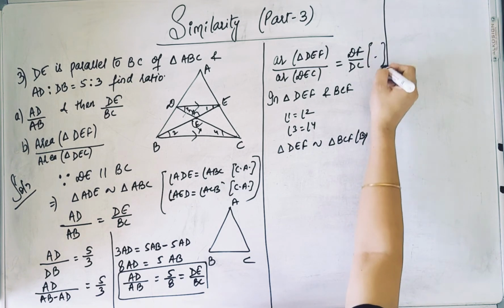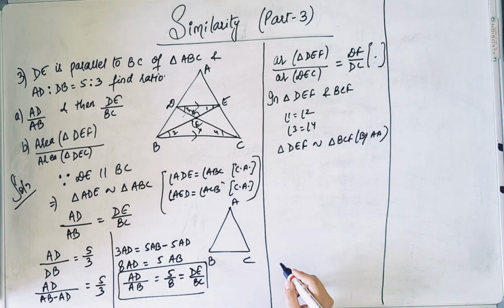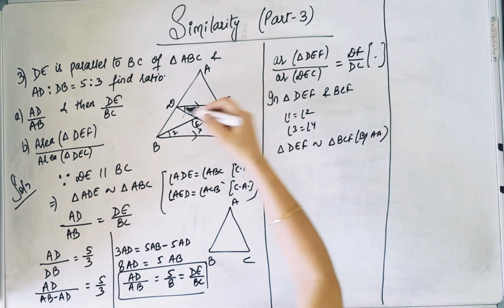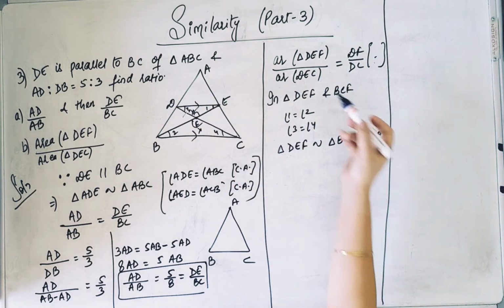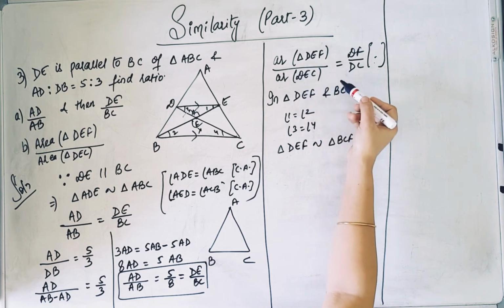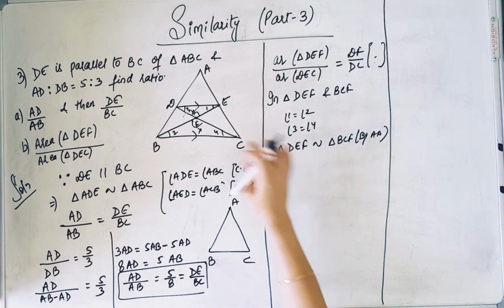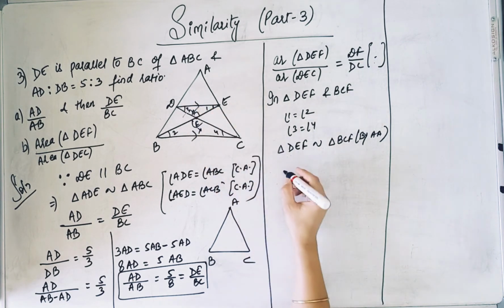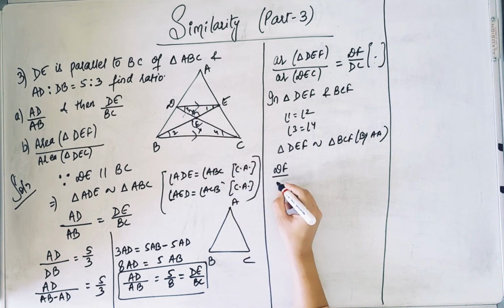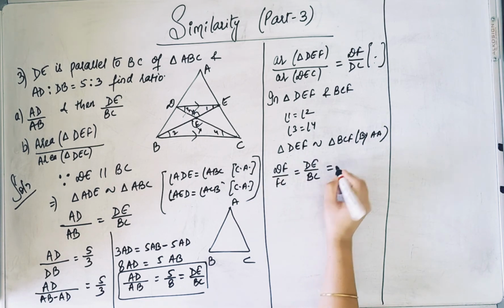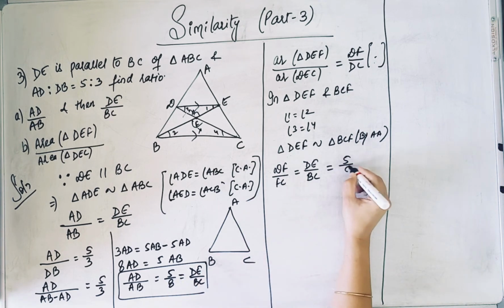Here also we have to write the reason which I told you, that if two triangles lie on a common vertex and the bases lie on the same straight line, then the ratio of the areas of the two triangles is equal to the ratio of the corresponding bases. Now these two triangles are similar, so DF by FC is equal to DE by BC. DE by BC we already know, that is 5 by 8.